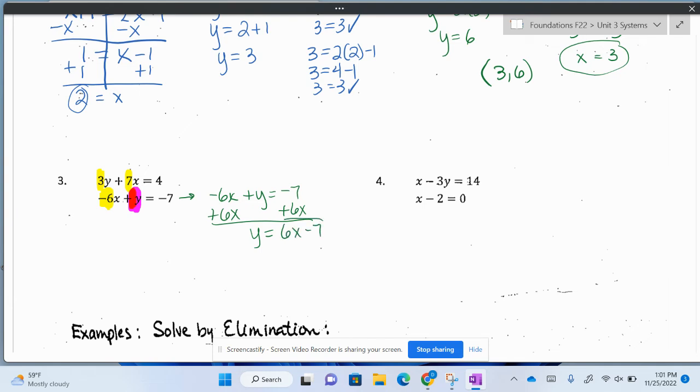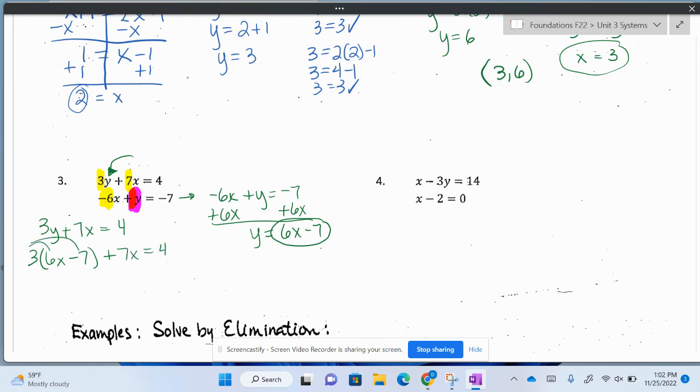And now I'm going to take this expression, 6x minus 7, and plug it into the first equation in place of the y. So the first equation is 3y plus 7x equals 4. But I know that y is the same thing as 6x minus 7, so 3 times (6x minus 7) plus 7x equals 4.